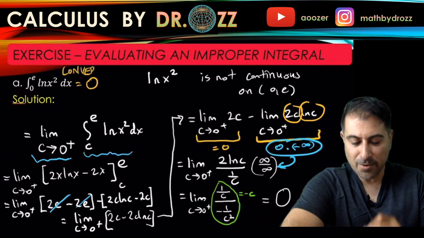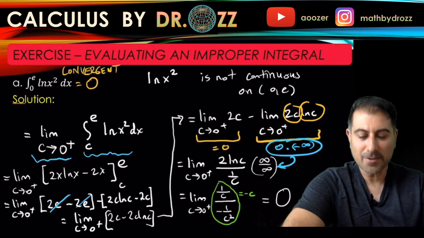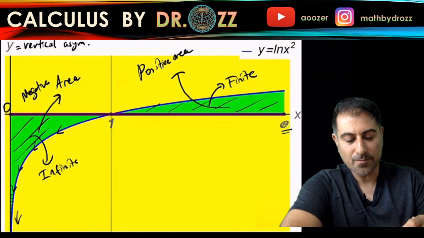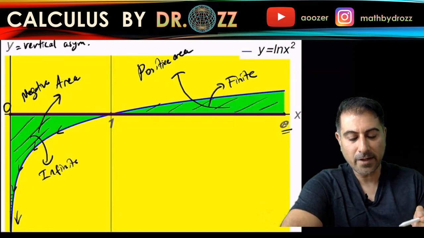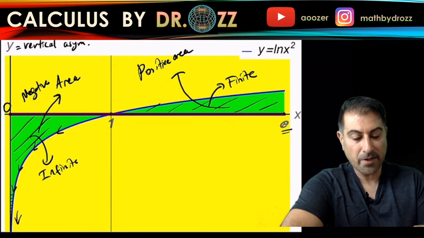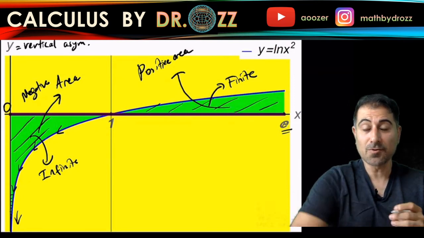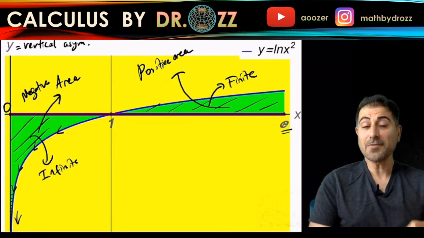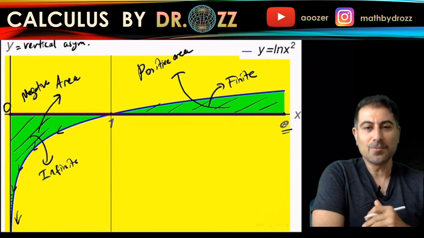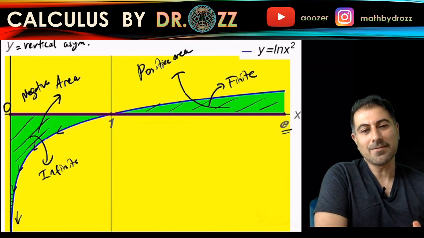So going back to this graph and the original question that I asked earlier: negative area plus positive area takes us to 0. That means this negative area, which is an infinite area, is something finite, so that I was able to cancel that out with the positive area.